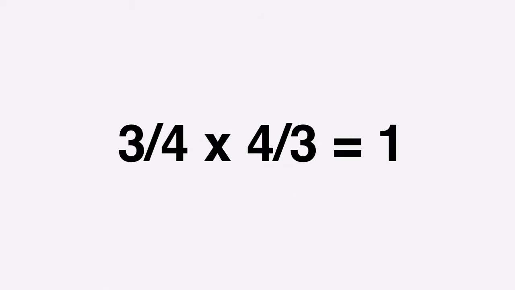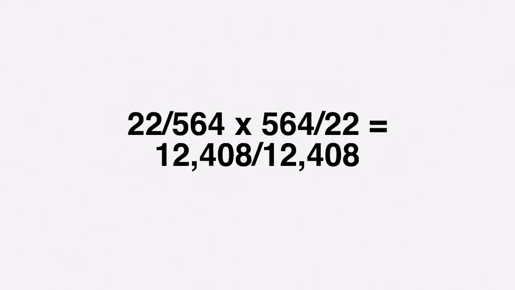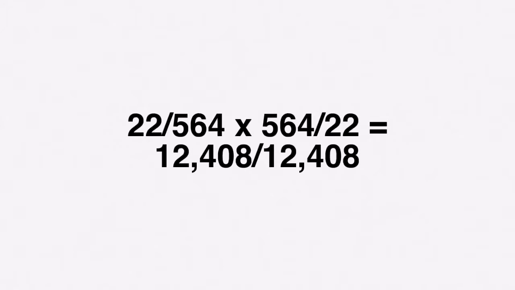Now it doesn't matter what numbers we have as numerators or denominators, when we have the multiplicative inverse, the product will always be 1, because the numerator will be the same value as the denominator. So remember this crazy problem? What would 22/564 times 564/22 be? If we multiplied the numerators and denominators, we'd come up with 12,408/12,408.